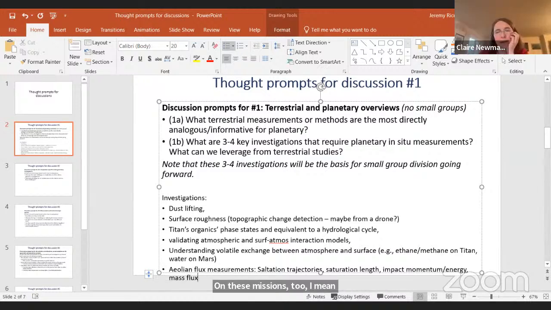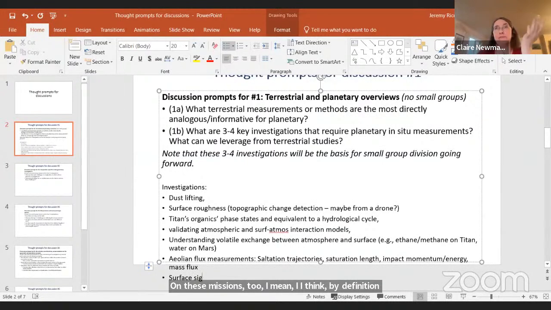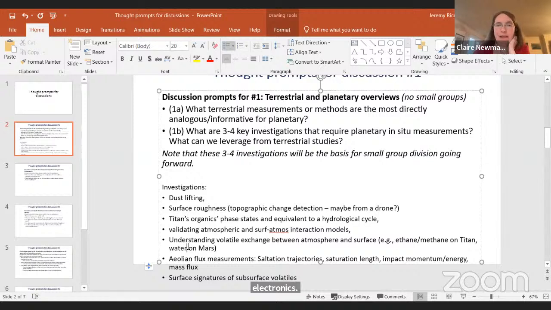I think by definition, whatever is in the anemometers that is sensing the flow needs to be exposed to the flow without any protection. And so that means we need anemometers where the sensing area does not have electronics in it that are fragile and that are going to be affected adversely by grain impacts.